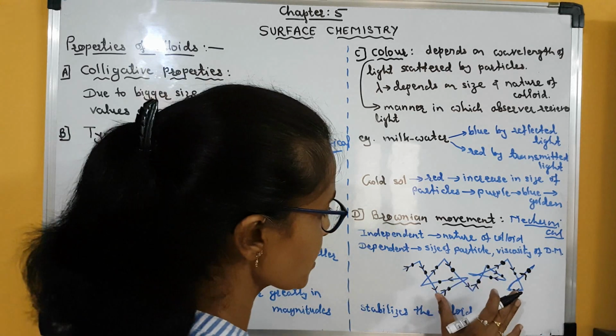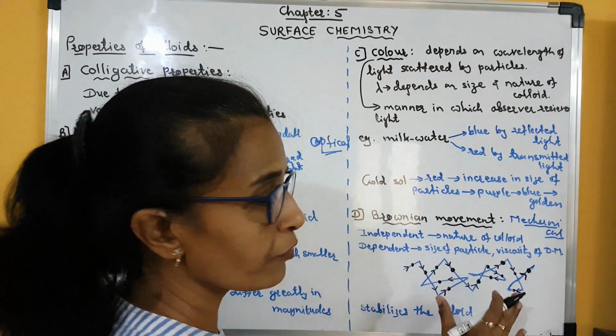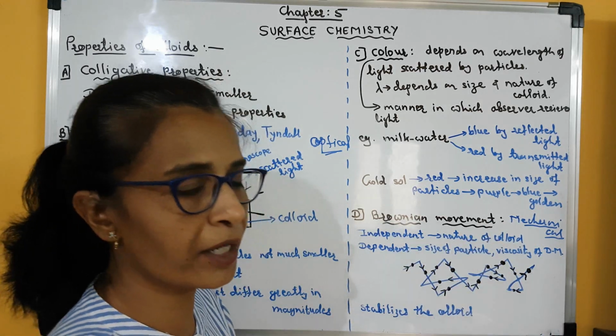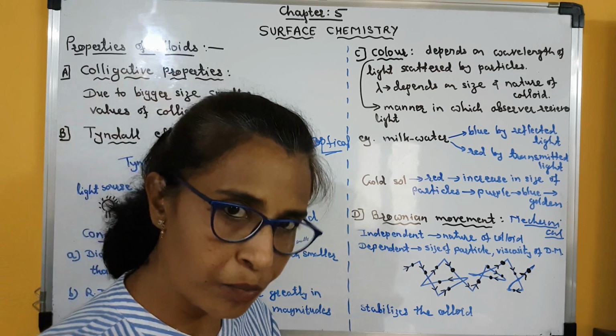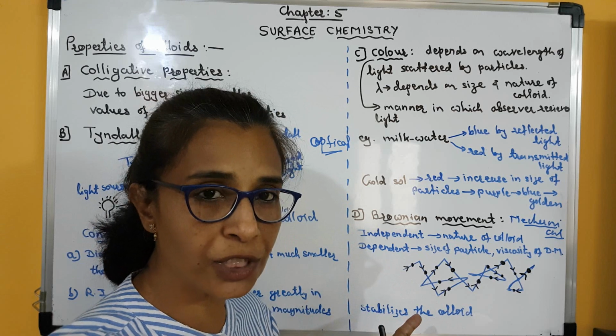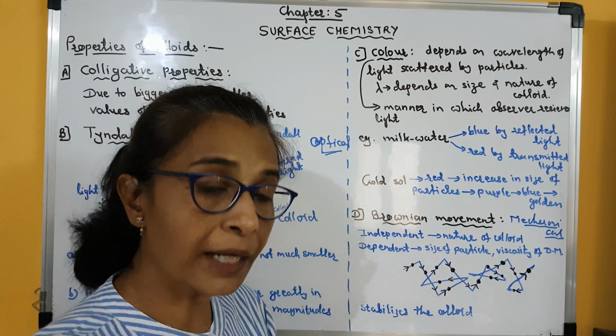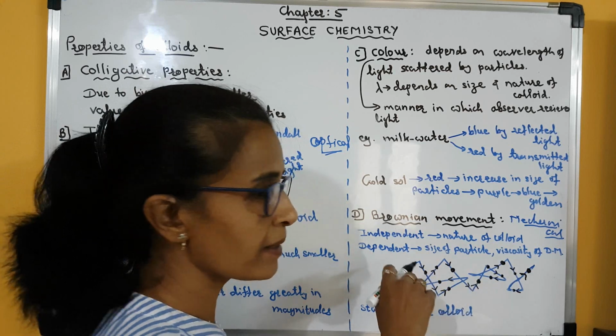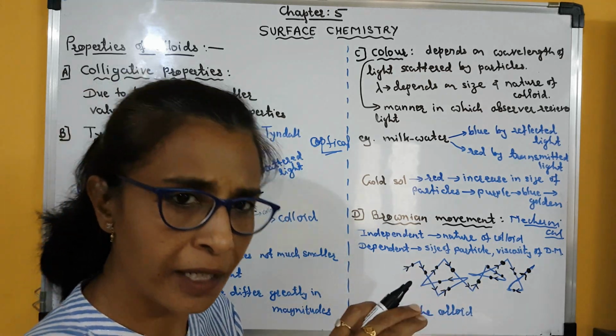Clear. So this zigzag motion of the particles of colloidal sol is known as Brownian movement, or Brownian motion. What is responsible for this motion? It is the continuous bombardment of these particles by the molecules of the dispersion medium.